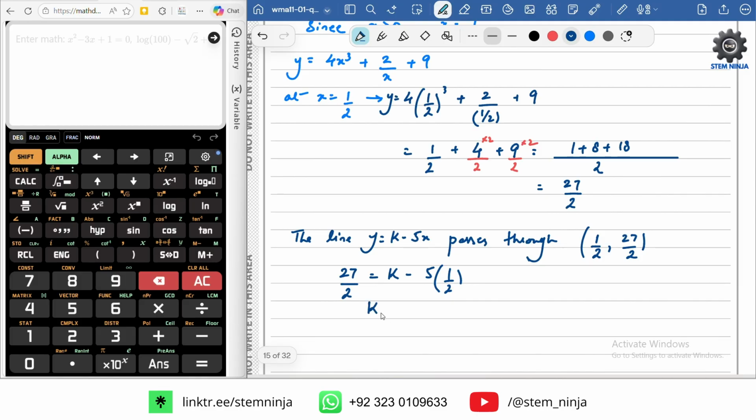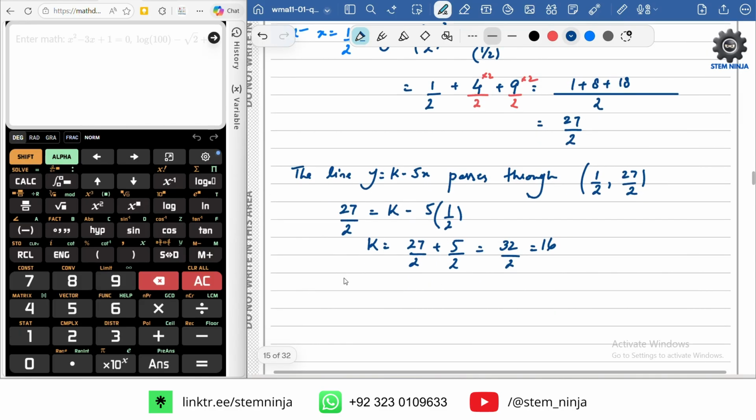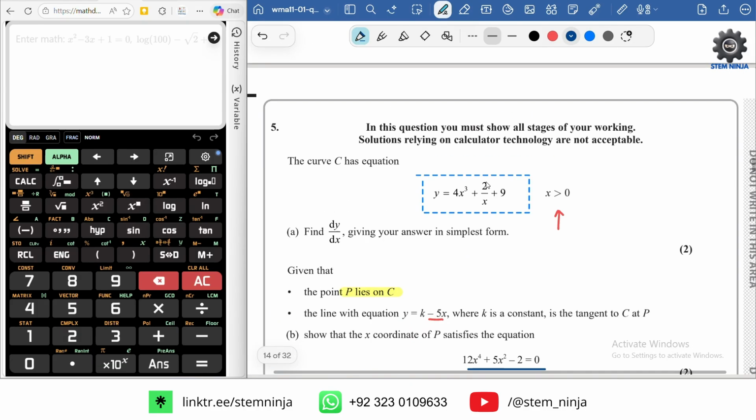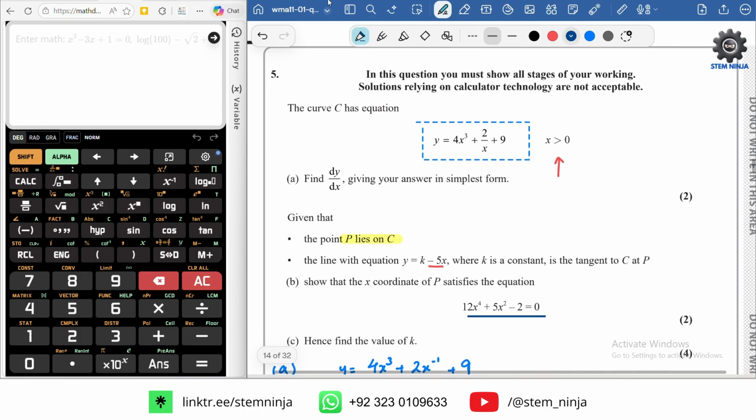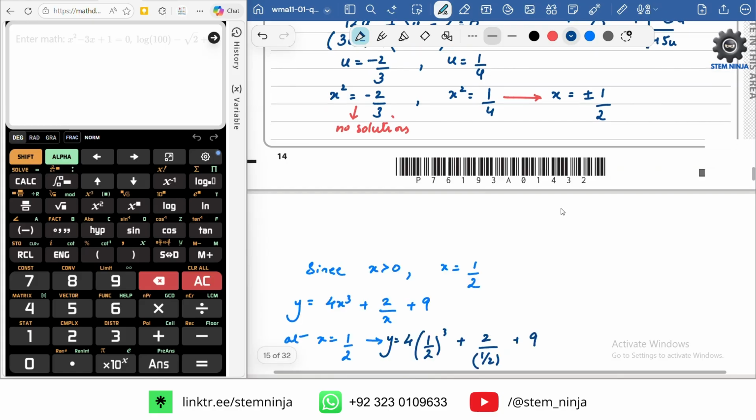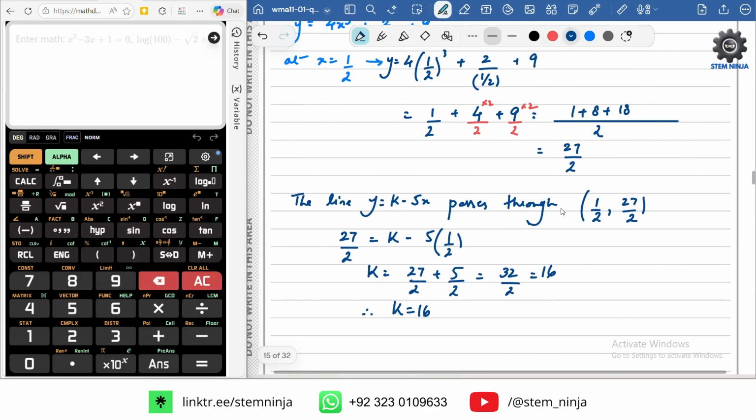Therefore k is 27 over 2 plus 5 over 2. So this would be 32 over 2, which is 16. Therefore k is 16. Okay, done. So let's move on to the next question.